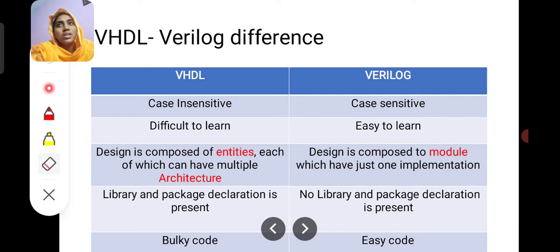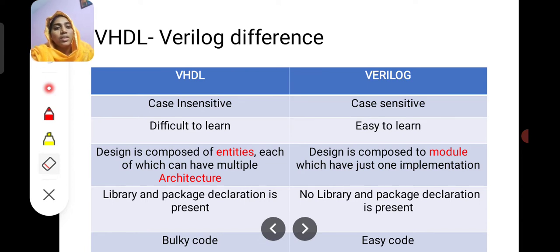In VHDL, the keywords can be written in uppercase, lowercase, or a combination of both. Whereas in Verilog, as it is case sensitive, all the keywords are only in lowercase. And VHDL is very difficult to learn, Verilog is very easy to learn.